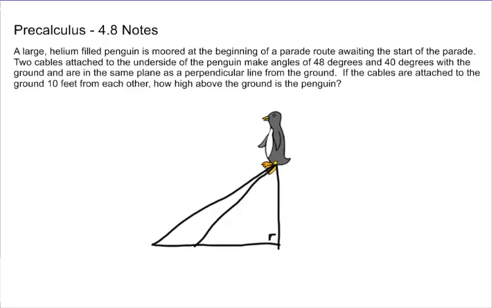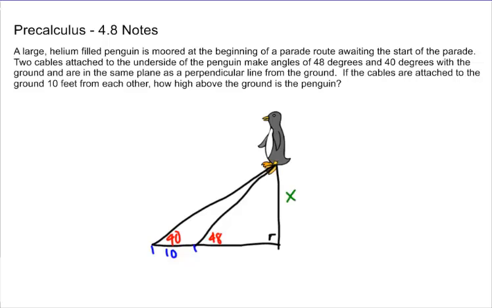So here's 48 degrees with the ground, and here's 40 degrees with the ground. And not only that, but the two cables are separated by 10 feet. So that needs to be a 10. So this distance from here to here is 10. This distance over here is what we're interested in finding.